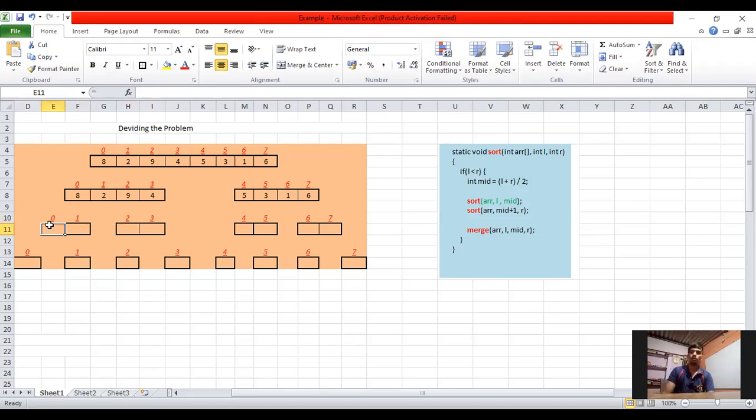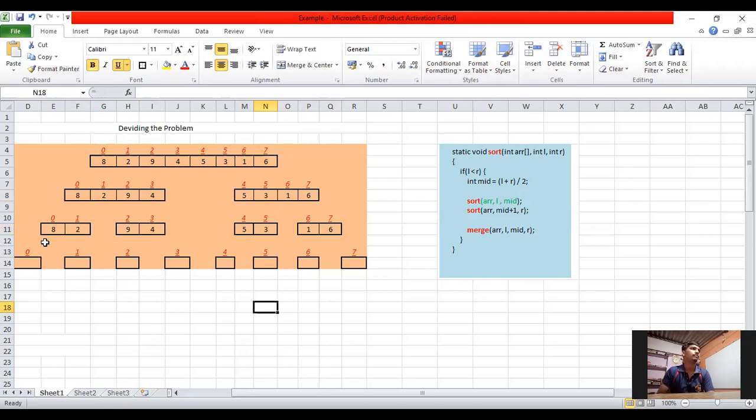So here we have 8, 2, then we divide it into 9 and 4. Here we also calculate the mid. Here mid is 5. So 5 and 3 on one side, and 1 and 6 on the other side.